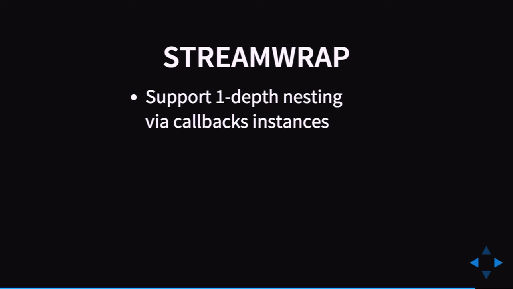And because we wanted this, we did some sort of redirecting of the output and input to callbacks. You see the callbacks stuff. So it supports only one depth of nesting. It doesn't support redirecting it two times or three times, so it's kind of not good. And it may skip JavaScript callbacks altogether.